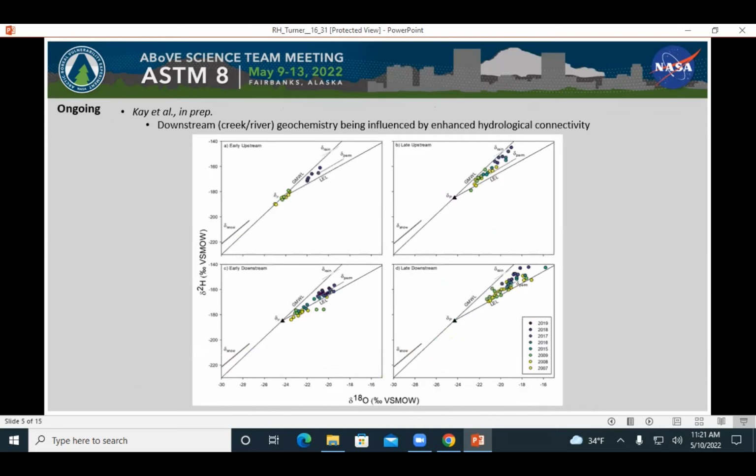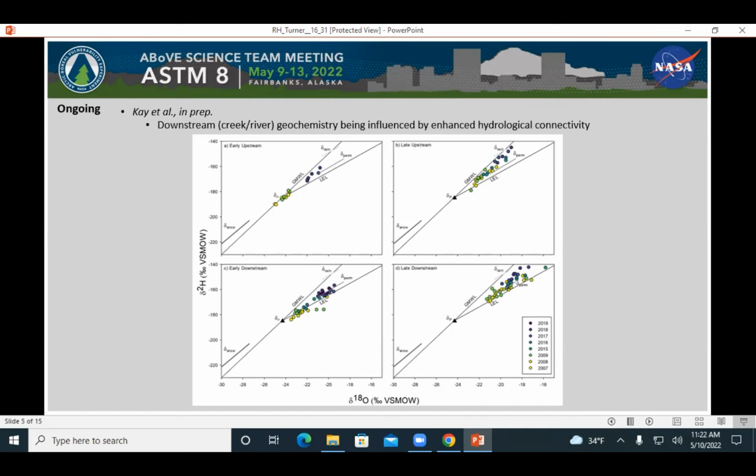This is the next part of that, where we're actually seeing this influence happening downstream as well. It's difficult to see, but we have the early season and the late season. This is the delta water isotope plots. The yellowish to green to blue points follow chronologically from 2007 to the most recent.